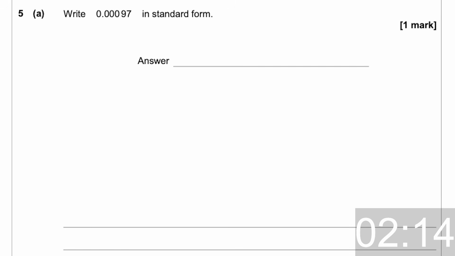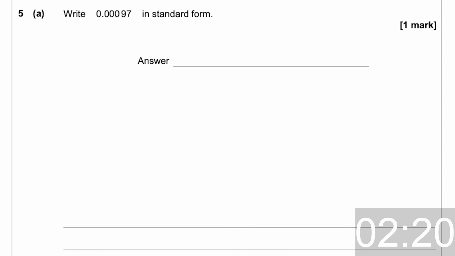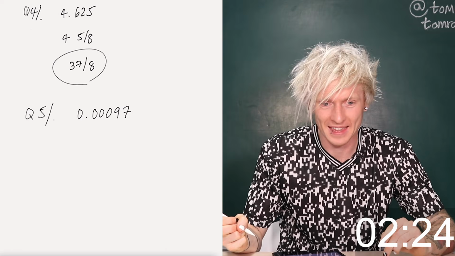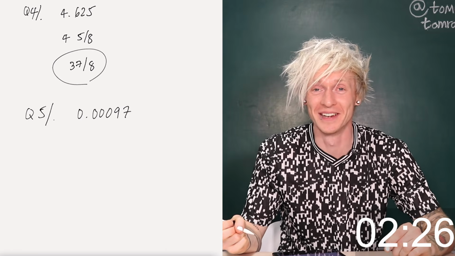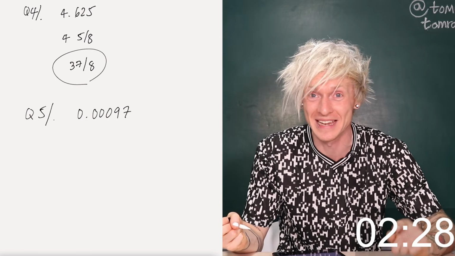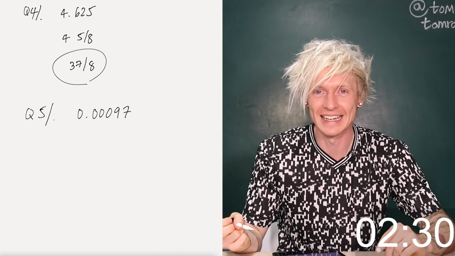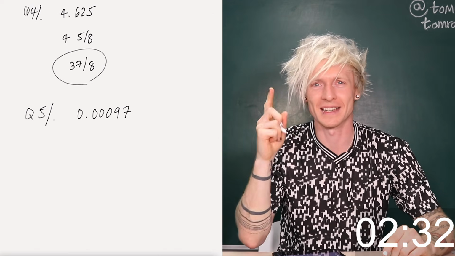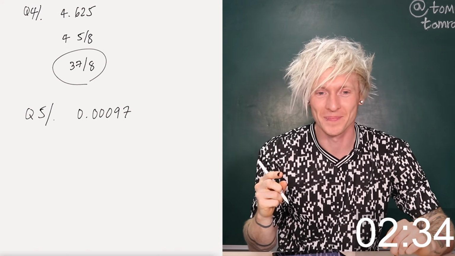Right, what have we got? Oh, this is probably where I'm going to go wrong now. 0.0000097 in standard form. I'm not even sure I know what standard form means. I'm thinking it means something point something times 10 to a power.